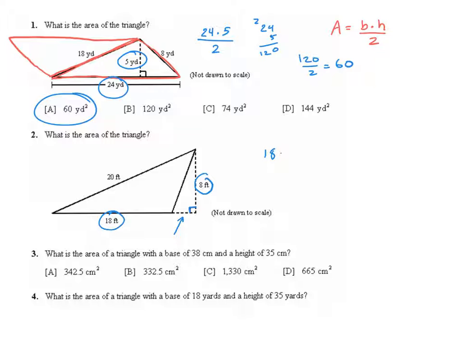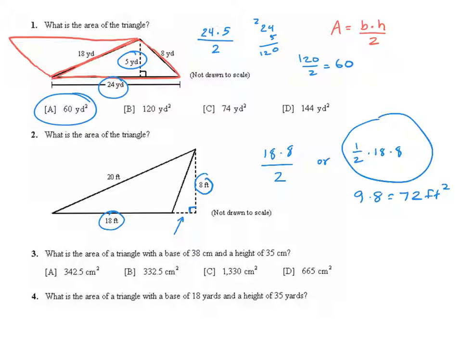So we're going to do 18 times 8 and then divide that by 2, or 1/2 times 18 times 8. In this problem, I think this one is probably easier to do. Half of 18 is 9, and then 9 times 8 is 72 square units. In this case, the units are feet, so it'll be 72 square feet.